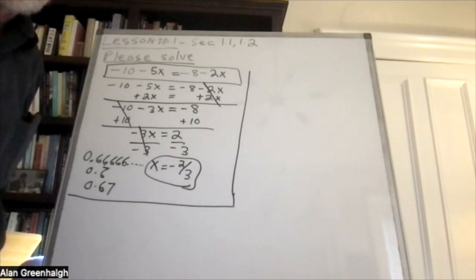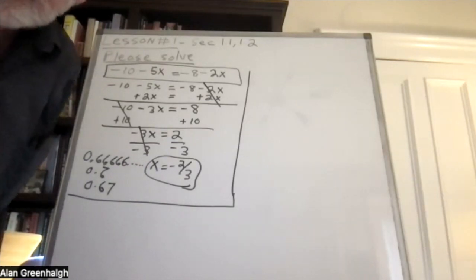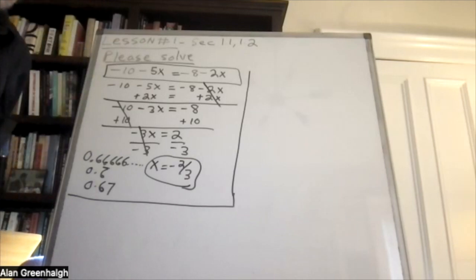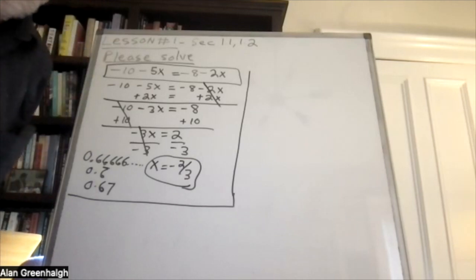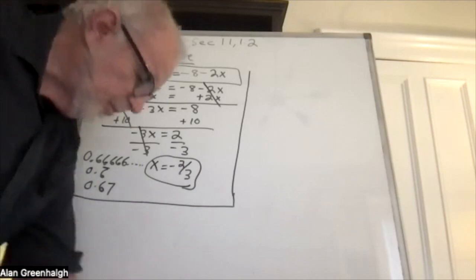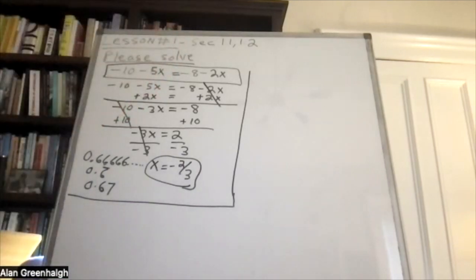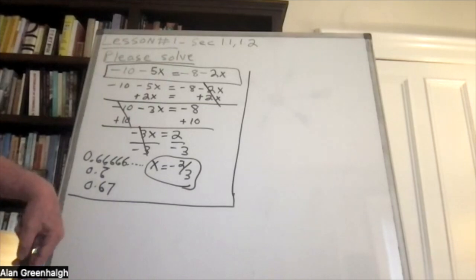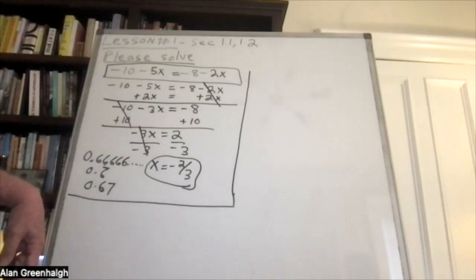Did anybody do the problem a slightly different way and want to know if they did it correctly? How would you know if you did it correctly using a different method? Another method is you could make one side equal to 0. Well, you don't really want to do that.